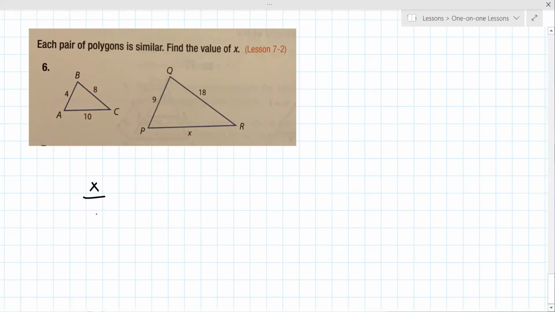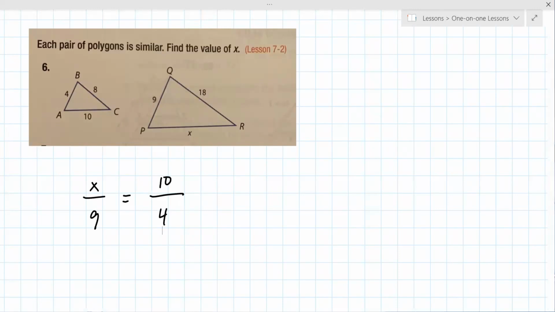So what corresponds to the x? It must be that 10. And then the 9 down here means I have to put 4 here, and you end up getting the same thing. Okay, that makes sense.